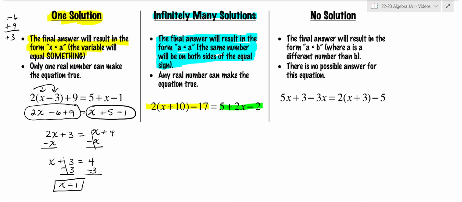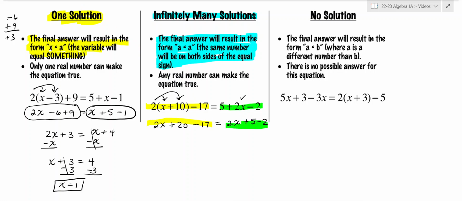All right, so let's clean this up a little bit by distributing the 2. So we have 2x plus 20 minus 17 equals, I'm going to rewrite this. I'm going to write this one first. 2x plus 5 minus 2. Is it necessary? No. Am I still going to do it? Yes.